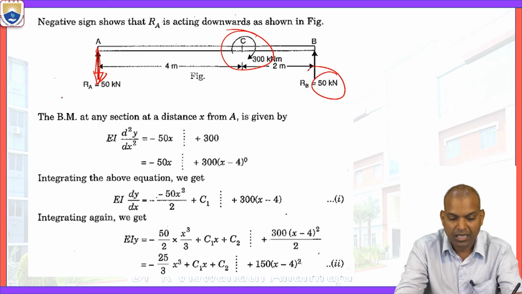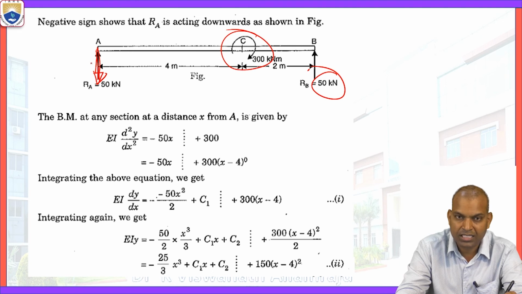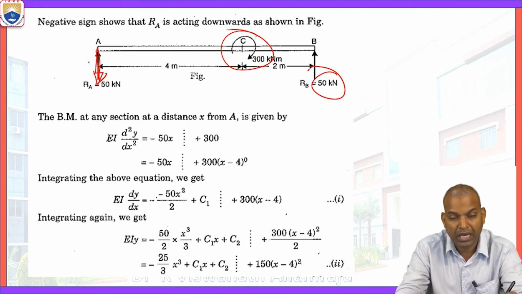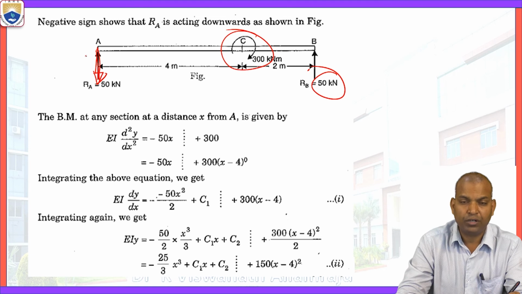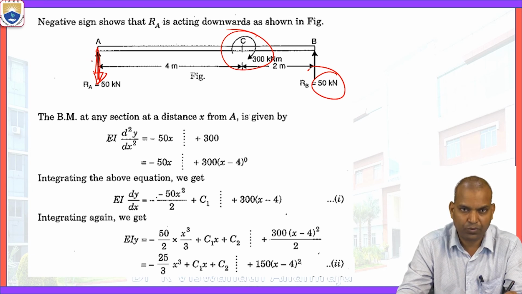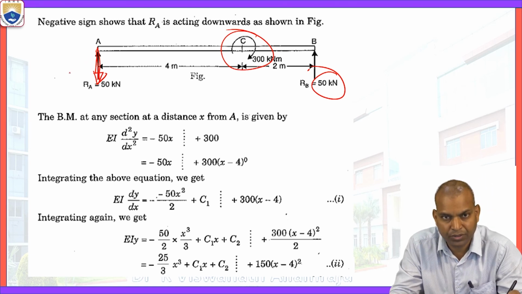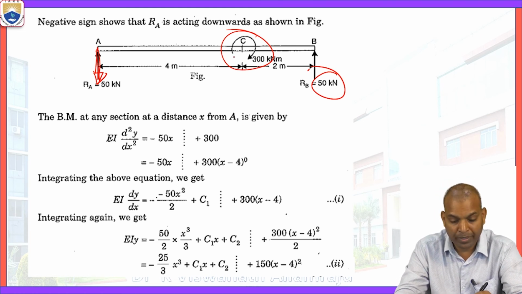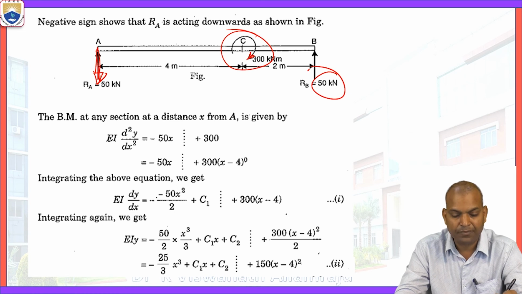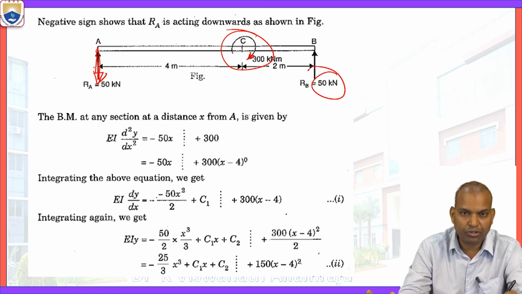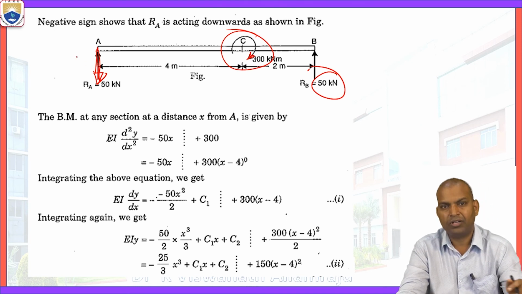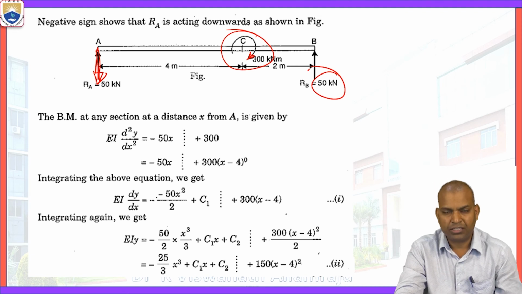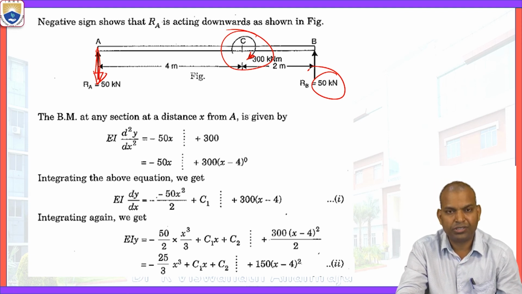And what about the reaction at A? It is not upwards, it is downwards. After calculating, we got to know the direction of the effect of the force at support A. Even though the moment is clockwise, we consider it here. Suppose the moment is counterclockwise, how will it affect? So the directions are so important in order to calculate the reactions at the supports and also the deflections and the slopes.